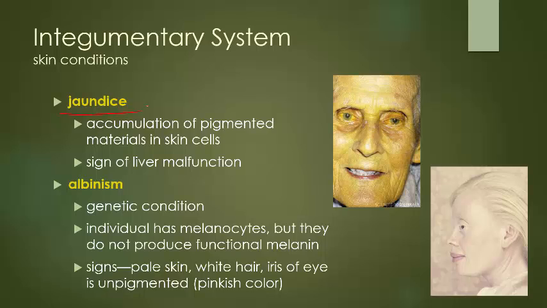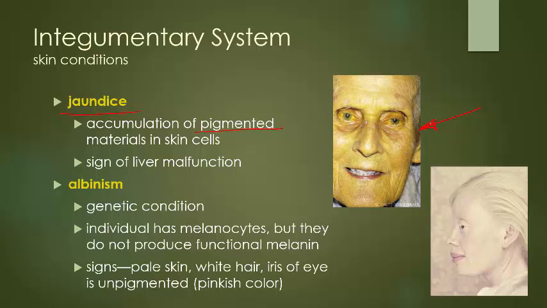It's the accumulation of these pigmented materials in the skin cells, and it can turn the body, and especially the skin, and especially even the whites of the eye, a very disconcerting yellow color. I believe that was a picture of a woman. I cropped it some, but she was experiencing liver malfunction and associated jaundice.